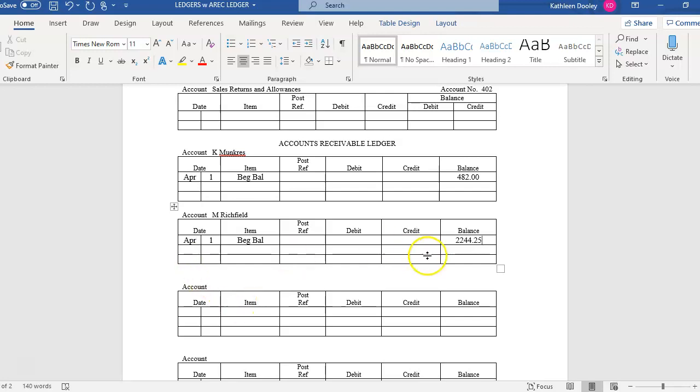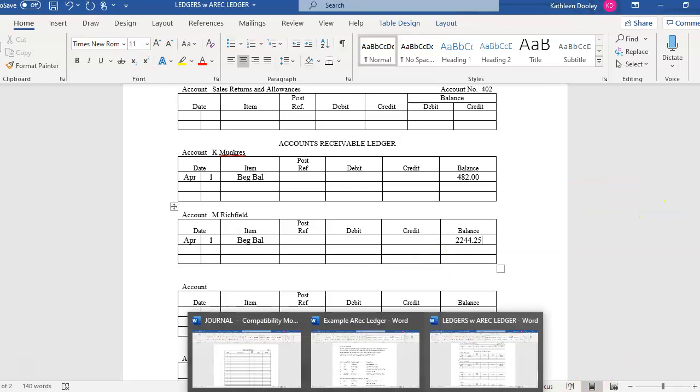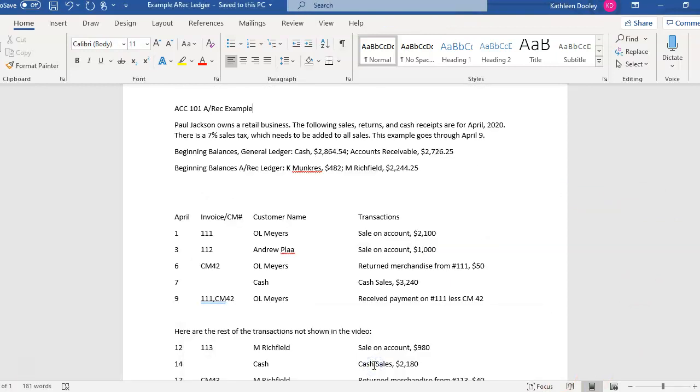Okay, so now all of our ledgers are set up and we have our beginning balances in. Now, if you didn't use the ledger sheets I provided, you can make your own ledger sheets on Excel or on accounting paper by hand, however suits your fancy, but you would get all your ledgers set up first and get all your beginning balances in there as well.